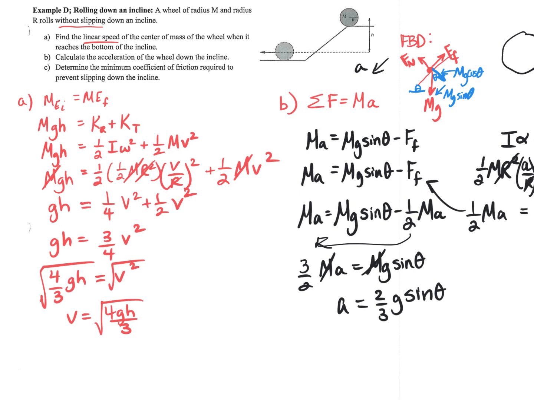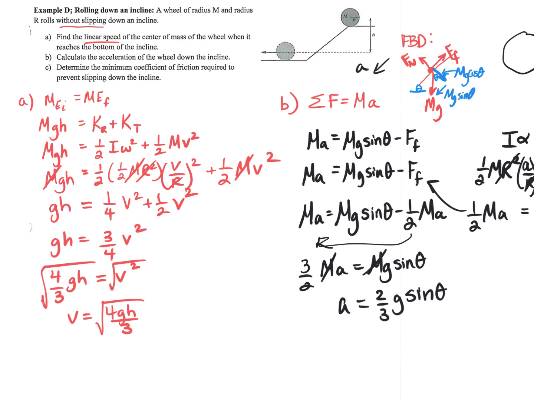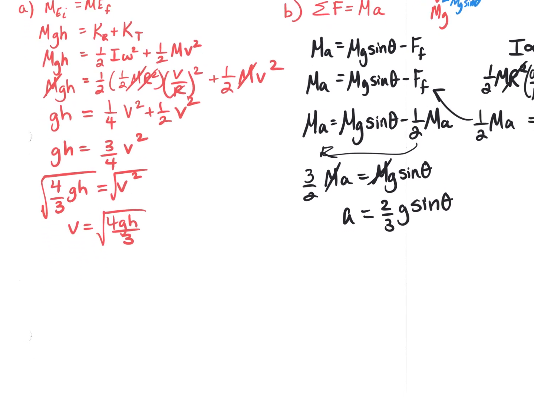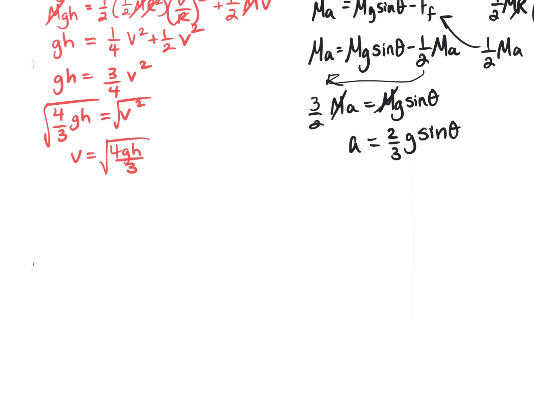Now part C says minimum coefficient of friction required to prevent the slipping down the incline. So in part C, we're looking for the force of friction, which is equal to mu times the normal force, right? Well, force of friction we know is 1/2 ma.